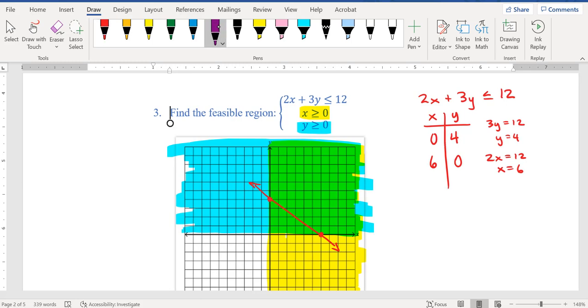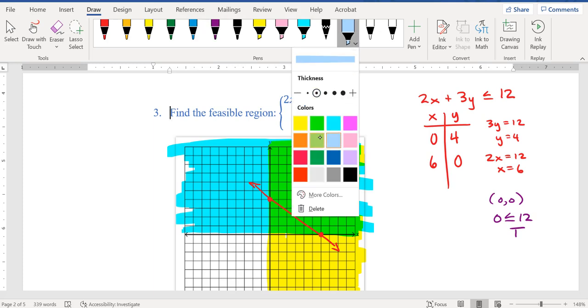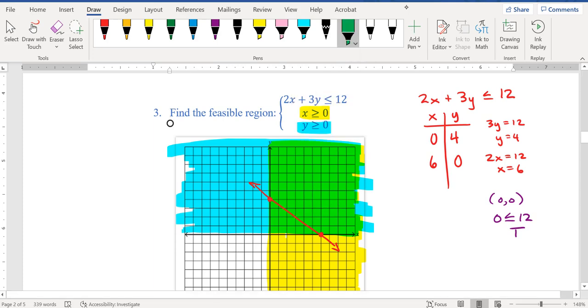I've got to pick a test point, 0, 0. If I plug 0 in for x and y, I get 0 less than or equal to 12. That is a true statement. I want to shade the half plane that contains 0, 0, but I need to stay inside quadrant 1.